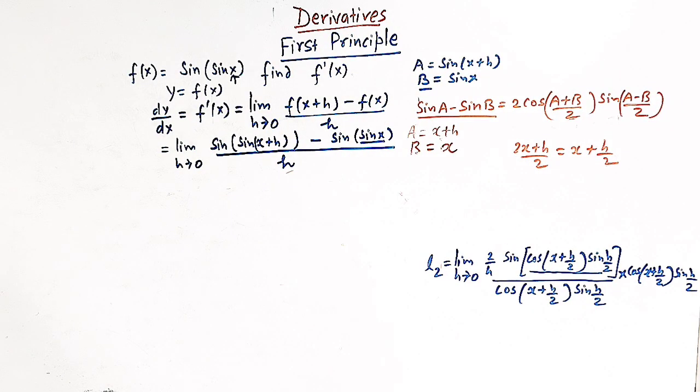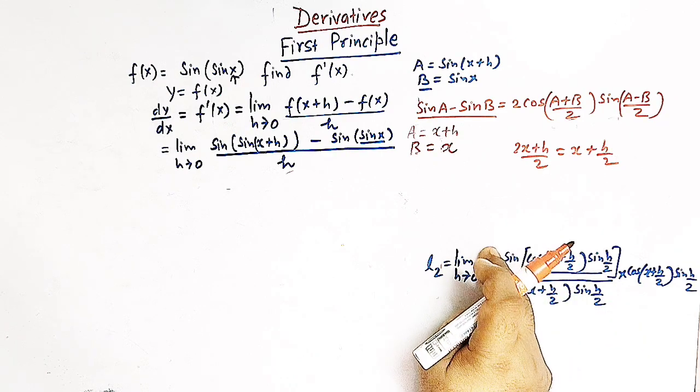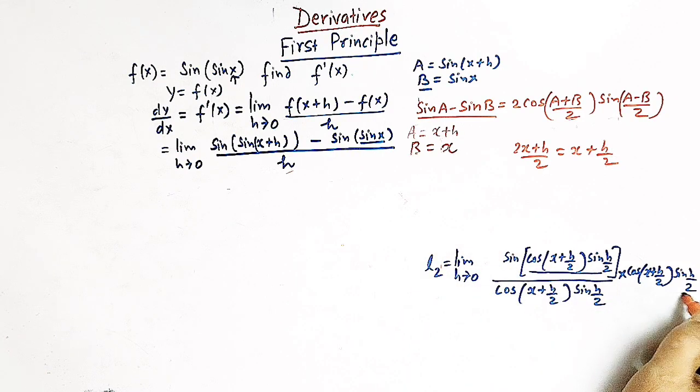In the next step, we'll take this term, that is 2 over h, over this term, that is here we can write h over 2.